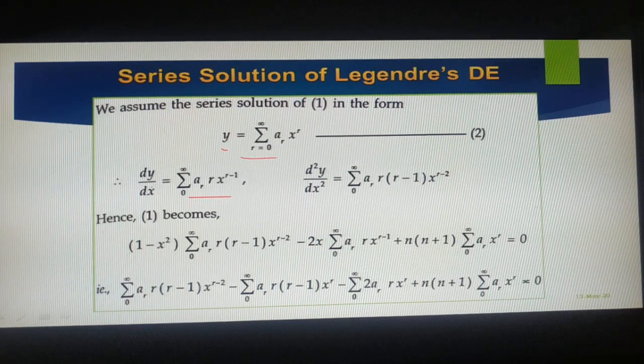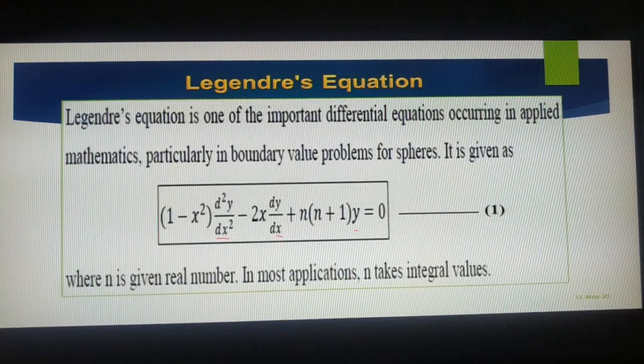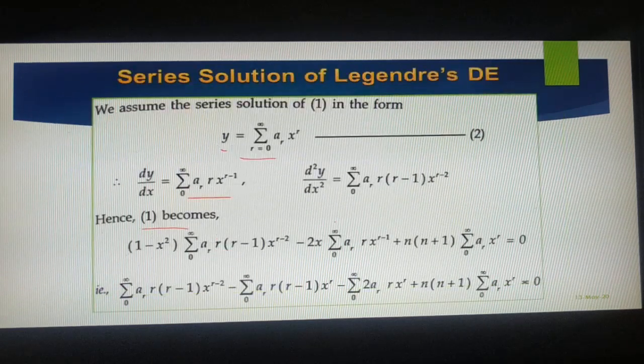Now we have y and these two derivatives. We have to substitute these three values in equation 1, because it is going to be satisfied and we should get 0.